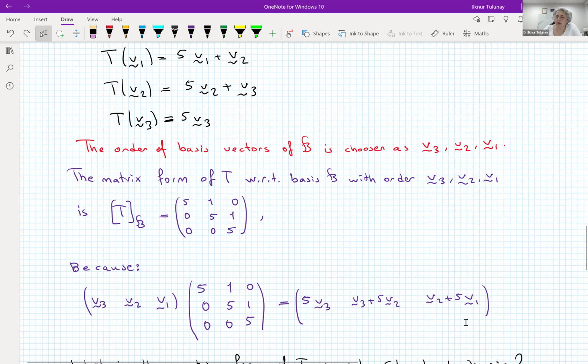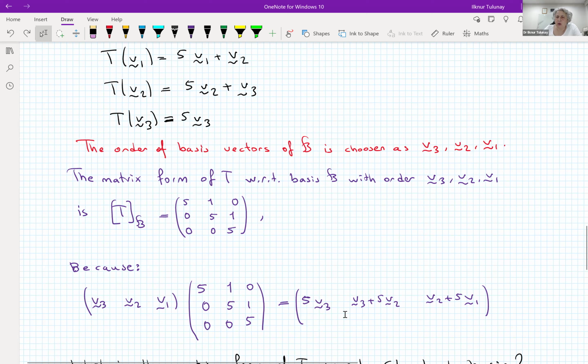So this vector can be written as V3, V2, V1 times this matrix, because when I multiply this row with this column, I need to obtain this quantity. I can do that only if I have 5, 0, 0. This times this should give 5 V3. So I'm writing down this matrix myself.